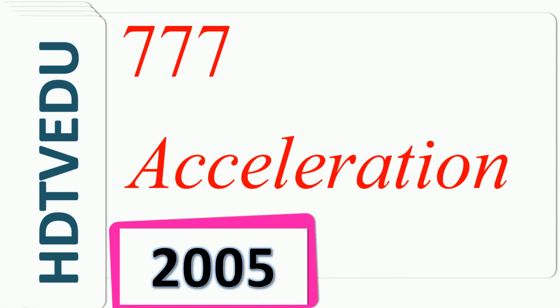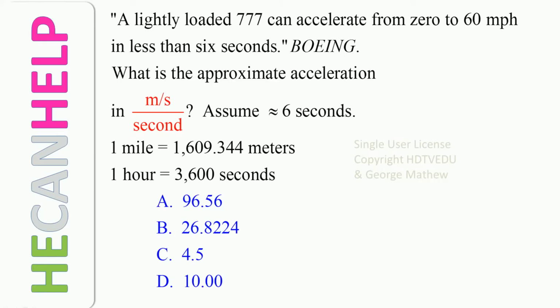777 acceleration, 2005. A lightly loaded 777 can accelerate from 0 to 60 miles per hour in less than 6 seconds. Please note that the unit is in miles per hour.